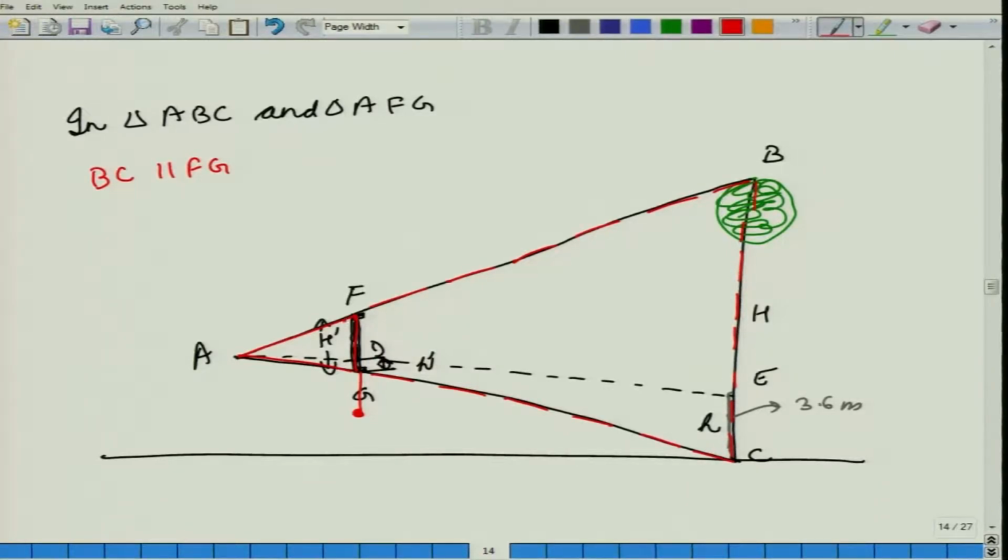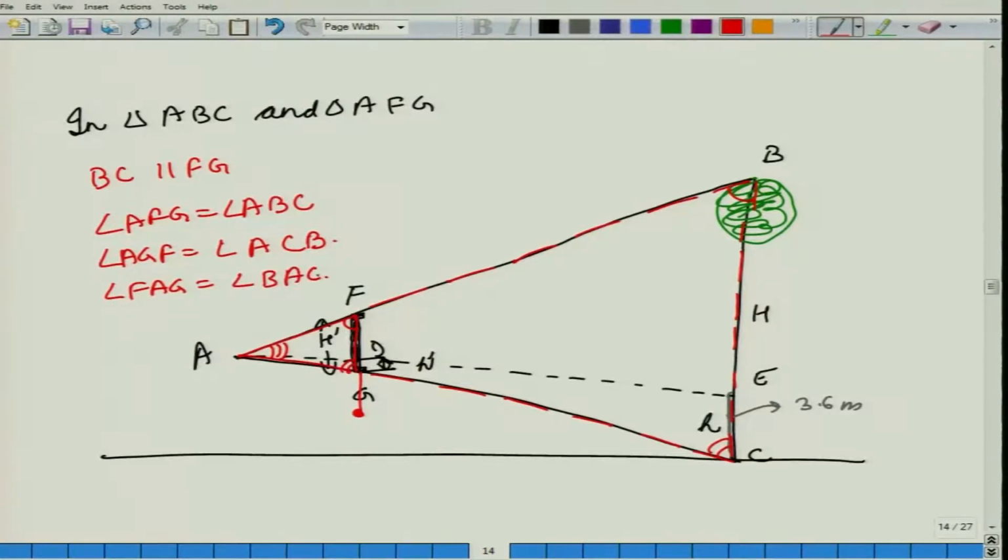Now, this angle AFG is equal to this angle ABC because we have two parallel lines that are cut by an intersecting line. We have angle AGF equal to angle ACB, and this angle is a common angle. So, angle FAG is equal to angle BAC.